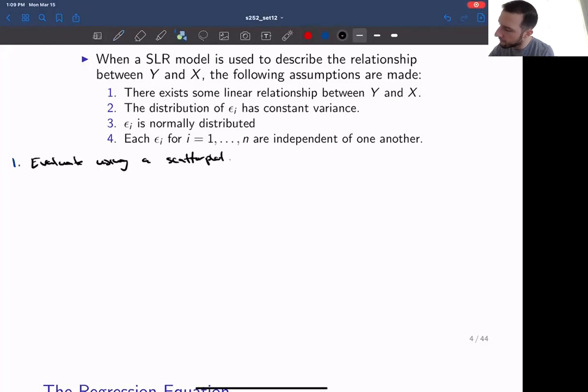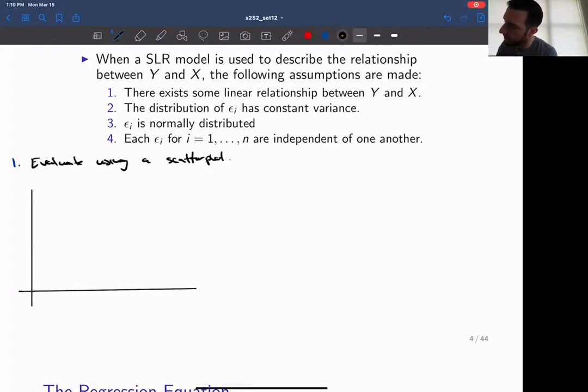Okay, so we would have, for example, let's say that this is 0. This is the x. This is the y. Now we would look at the scatter plot, and we would have our points on the scatter plot. Maybe something looks like this.